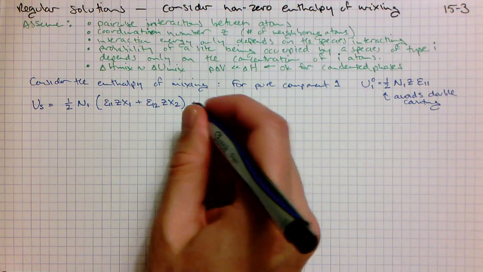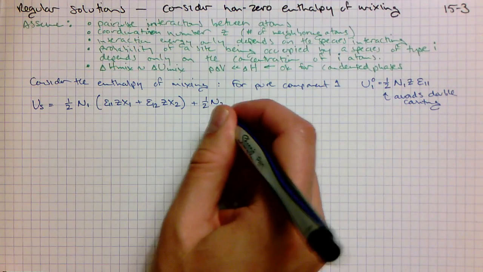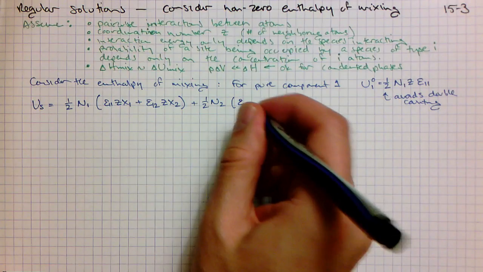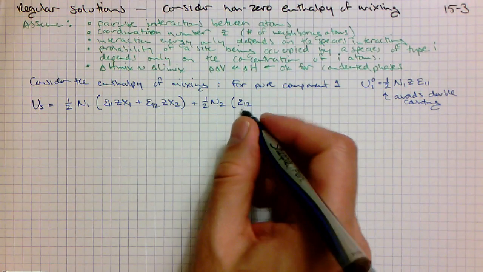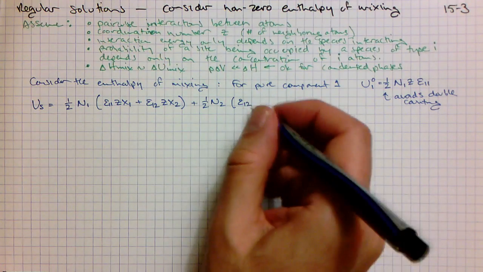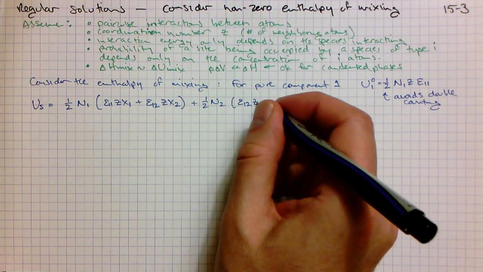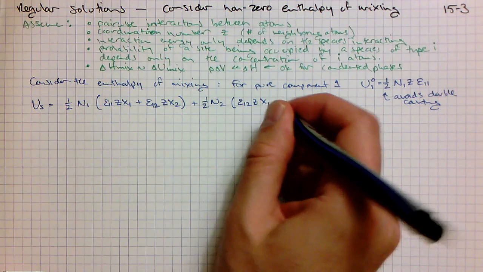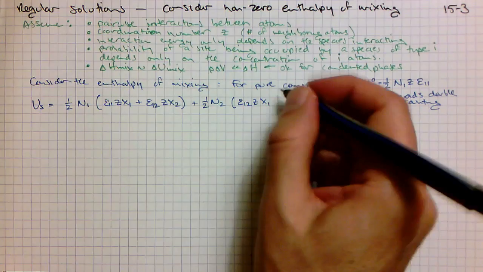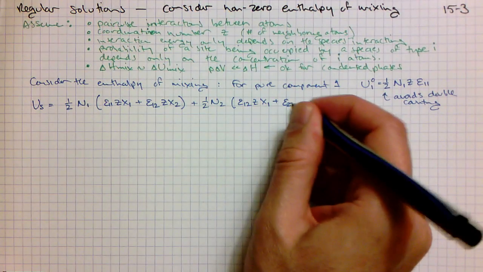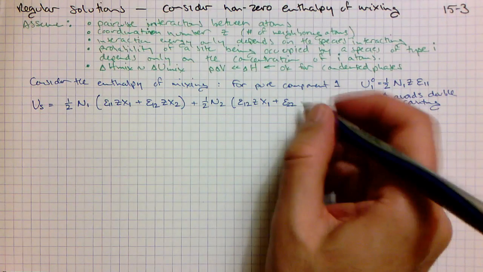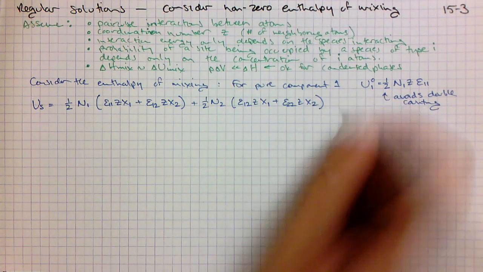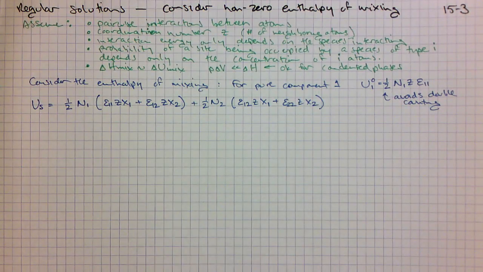And then we have the contribution of the species 2 atoms, and those would contribute a bond of energy epsilon 1,2 proportional to the coordination number times the concentration of species of type 1, plus energy of bond of type 2,2 times the coordination number times the concentration of type 2.